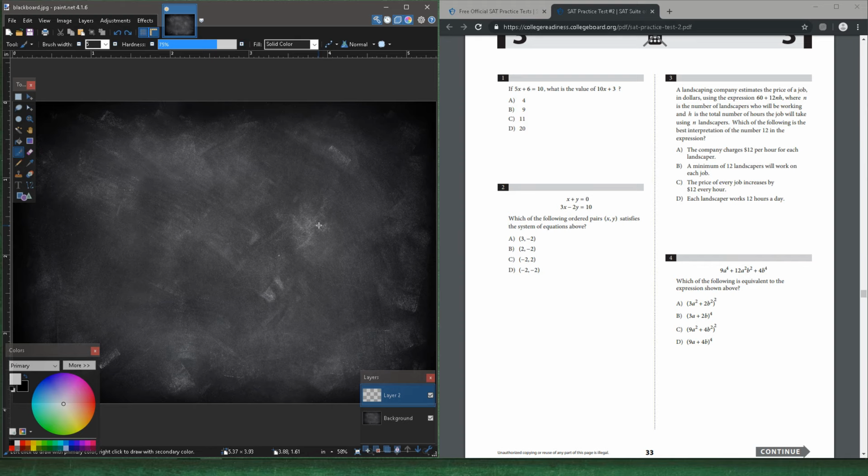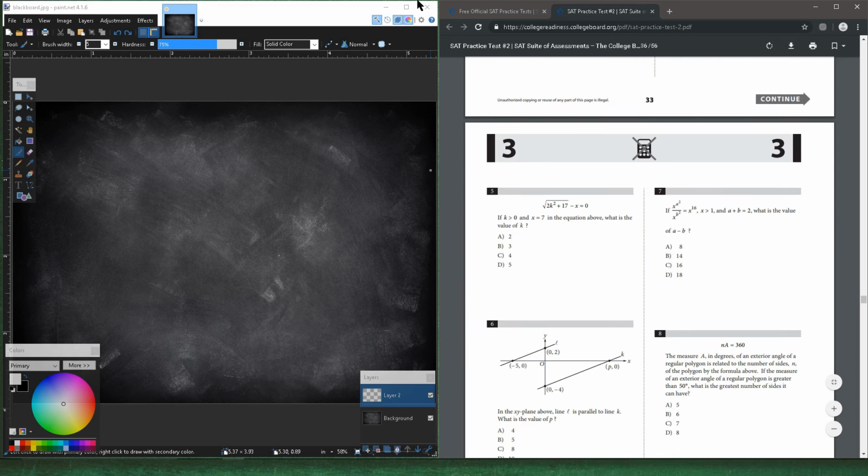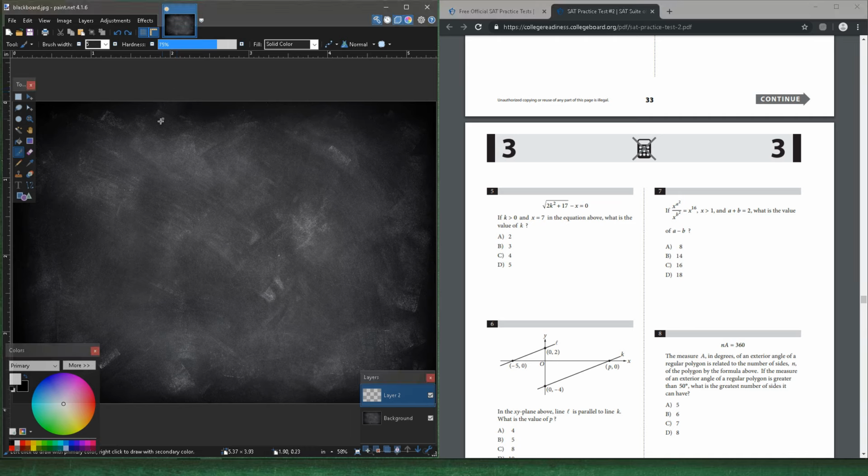Number 5. If k is greater than 5 and x is equal to 7 in the equation above, what is the value of k? This is just a basic equation question, but now it has to deal with radicals.